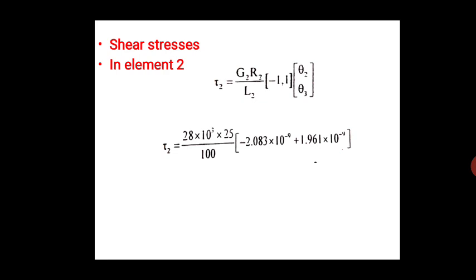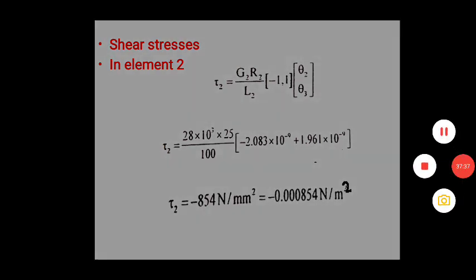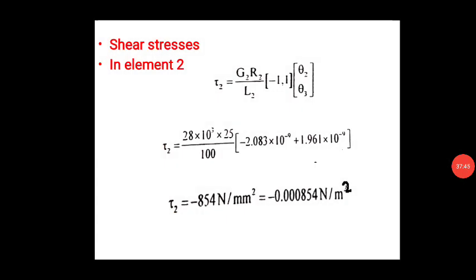On solving, we have the shear stress for the second element as minus 854 Newton per mm square, or minus 0.000854 Newton per meter square. This is the shear stress in element 2.